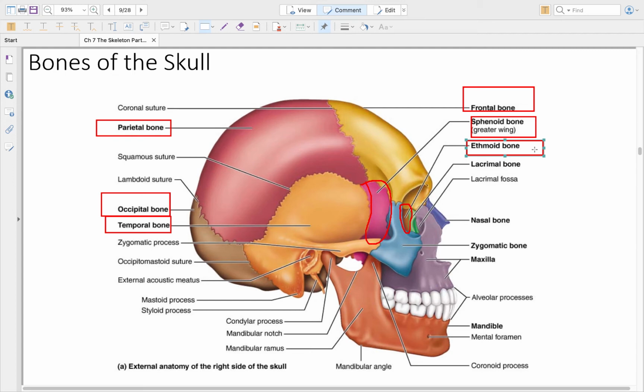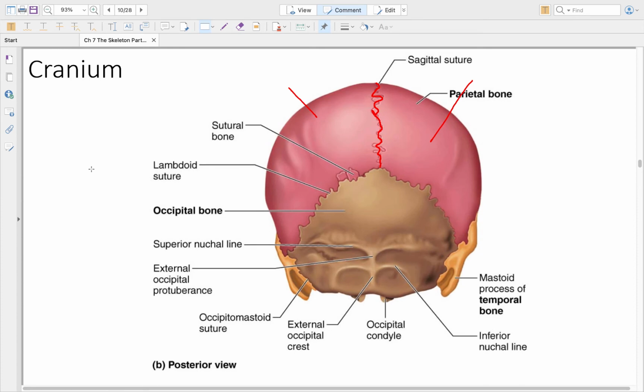Okay, let's take a closer look at these bones. Now, while we're back here, I especially want you to focus on the occipital bone. This is a great picture of it, and we can see the full Lambdoid Suture all around.